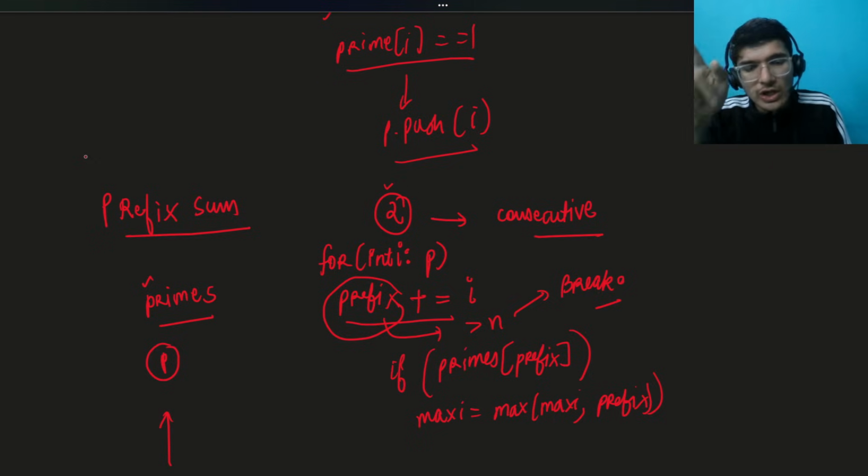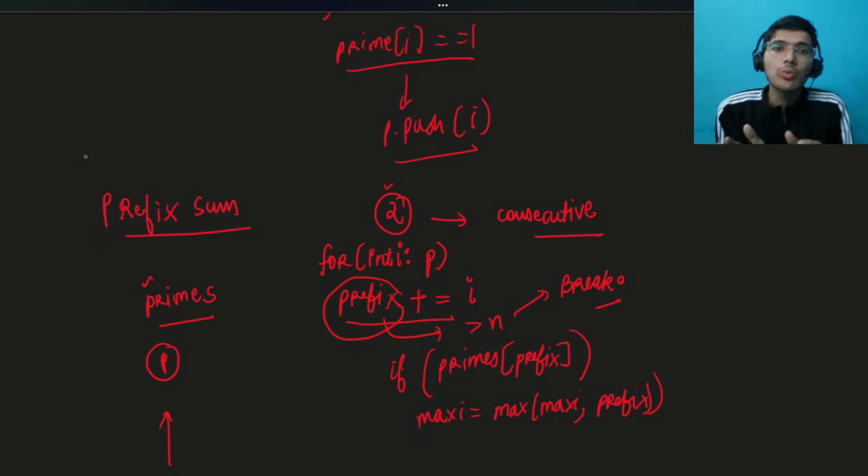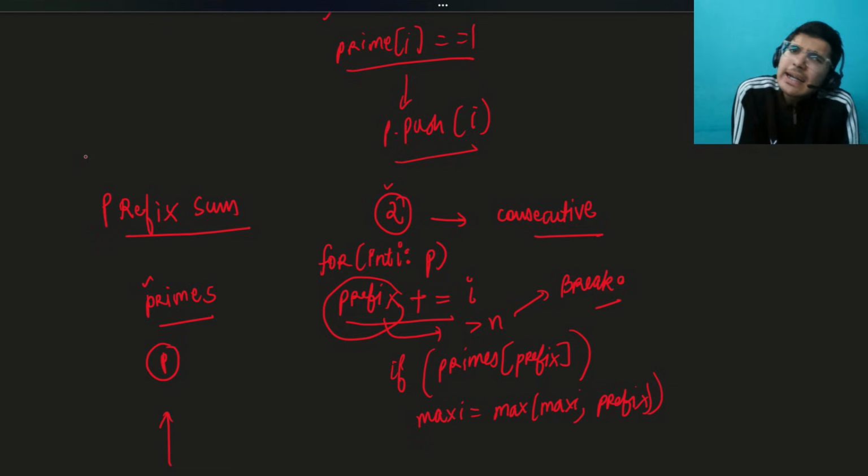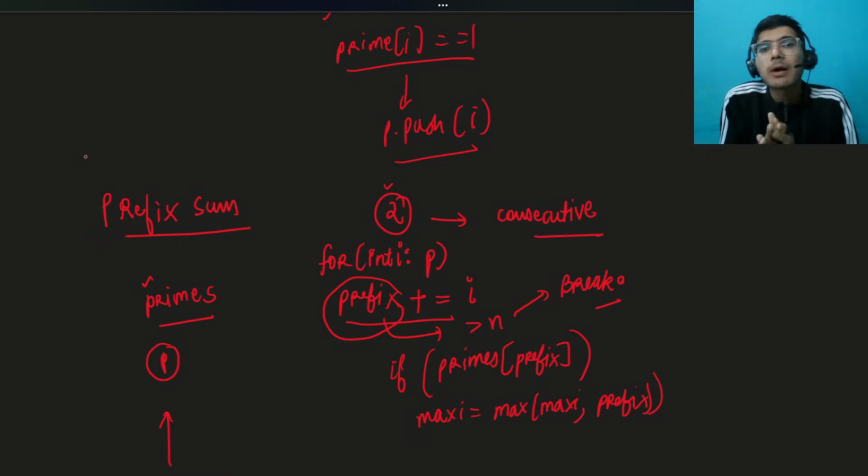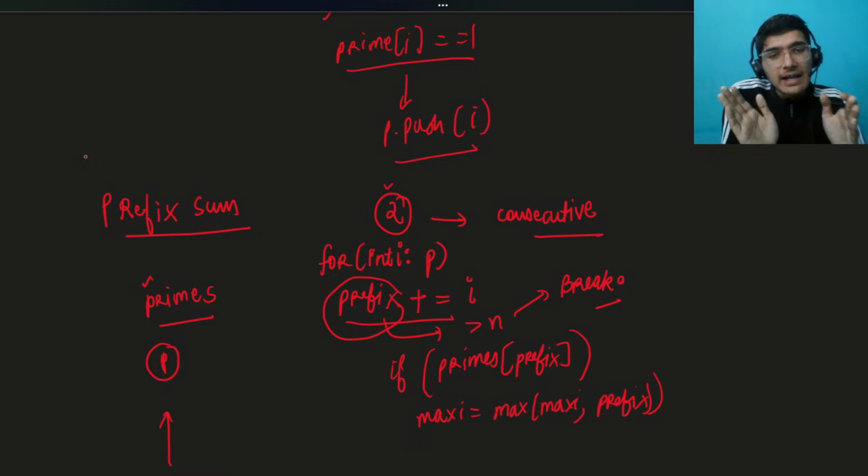Then what was our intuition? That okay, they already mentioned start from 2. So this is somewhere going in the prefix direction. And since they try to make all of them prime, instead of iterating in the original n array, let's try to iterate in the primes array itself, right? We iterate in the primes array and we just sum up continuously, keeping the prefix.